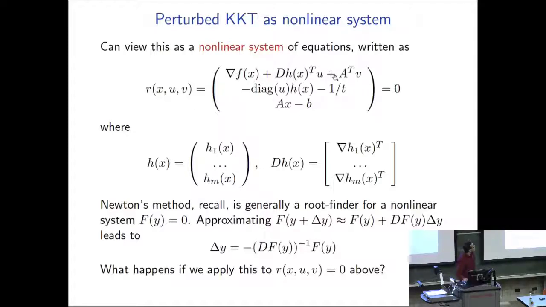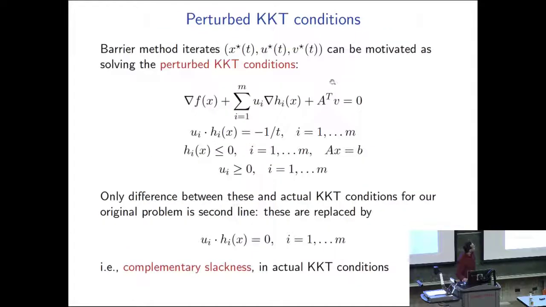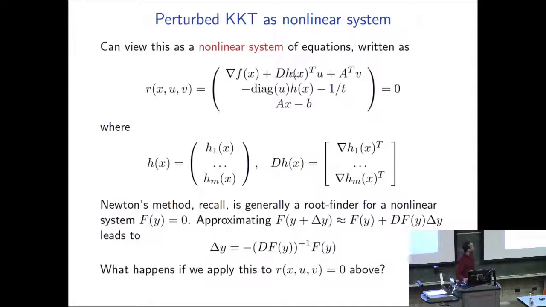I want to set the stationarity condition just in more general notation. I can write it as grad f plus the Jacobian of h transpose u plus A transpose v equals 0. That's the stationarity condition. Primal feasibility, I'm just writing Ax minus b equals 0.